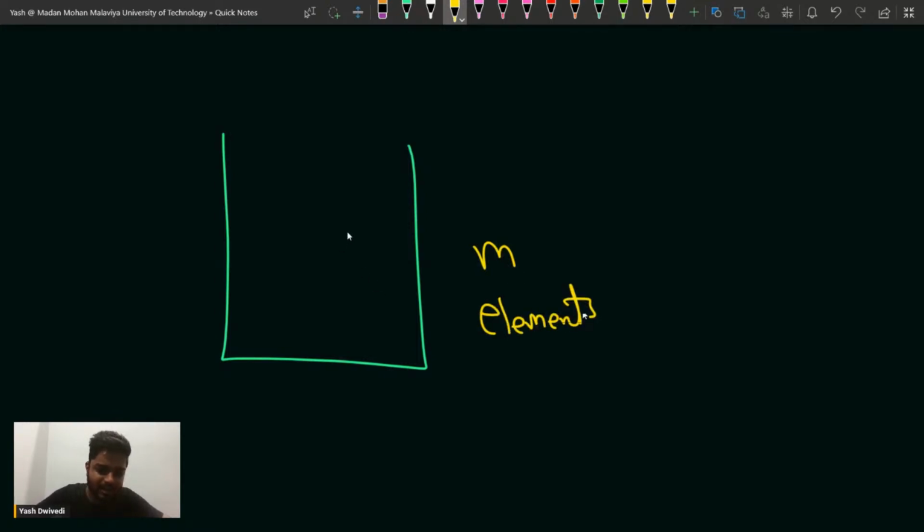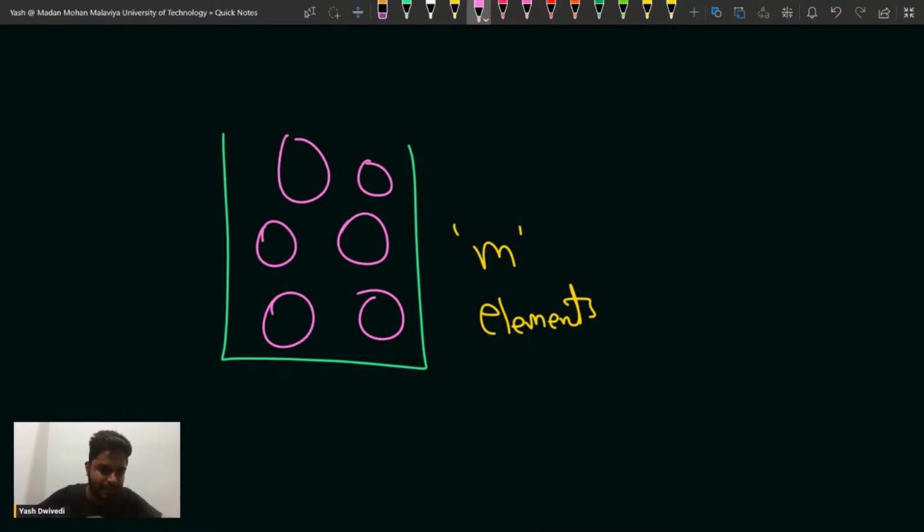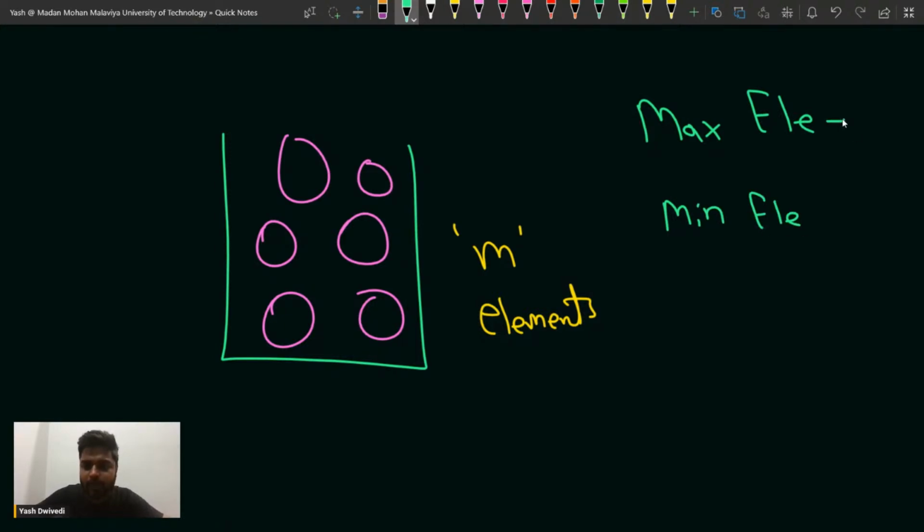If there are m elements present in the heap, then in order to get the maximum element or the minimum element, depending on whether it is a max heap or a min heap, there will be some time taken for getting the maximum element at the top.